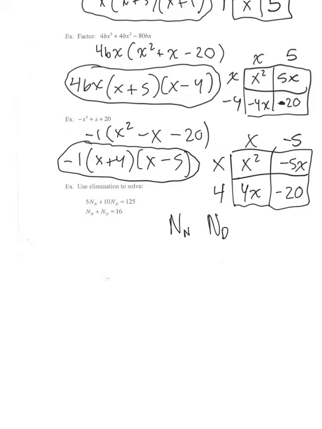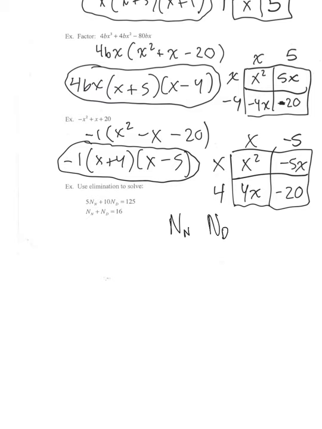And so, just like we were using, it says we need to use elimination. Now, just like we were talking about before, in order to use elimination, we need to have opposite coefficients. And so right now, I look down here and I say, okay, well, I could eliminate the n sub n's, or I could eliminate the n sub d's. I'm going to choose to eliminate the n sub n.